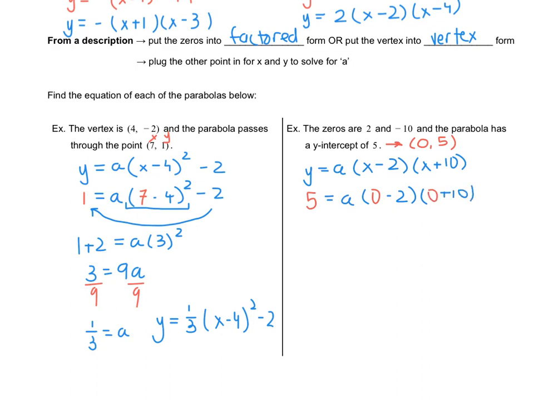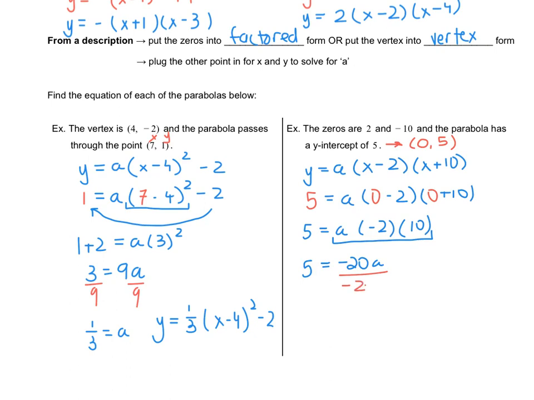And now there's nothing for you to move over to the other side because there's nothing being added or subtracted outside the brackets. So I'm just going to clean up my two brackets. 0 minus 2 is -2, 0 plus 10 is 10, and now all three of these are attached by multiplication, so I'm just going to clean it up. -2 times 10 is -20, and again, I'm just going to write it as -20a instead of a, and then in brackets -20.